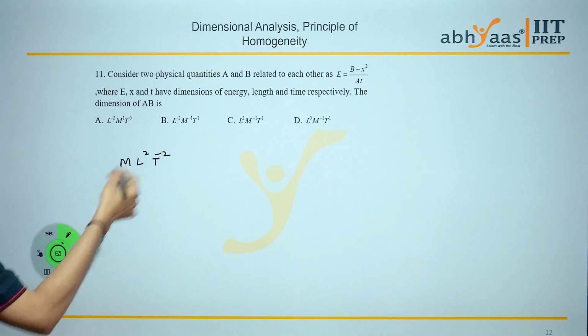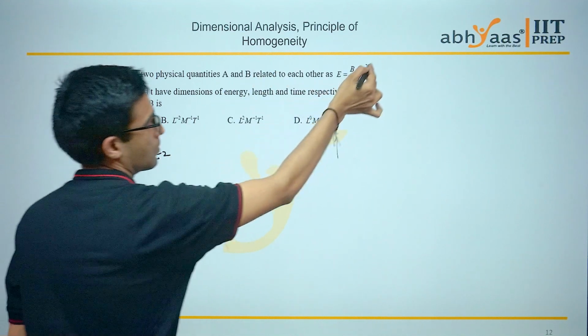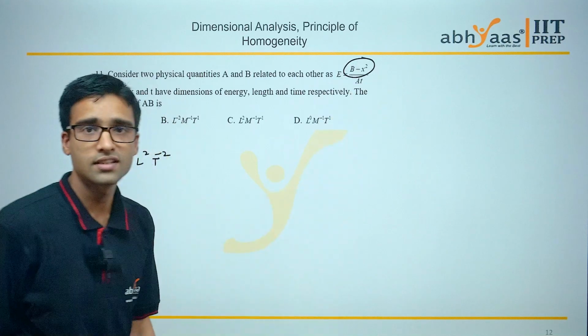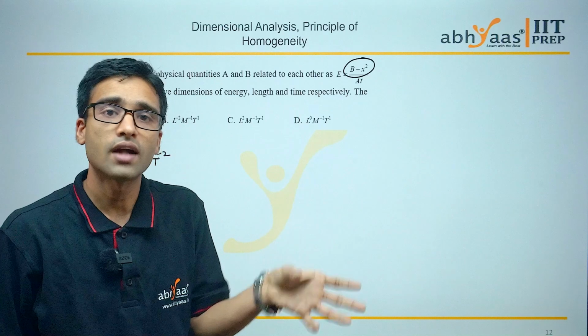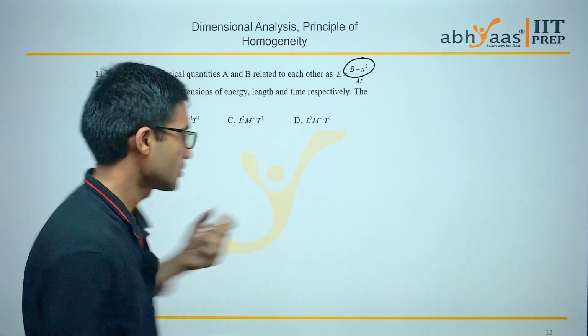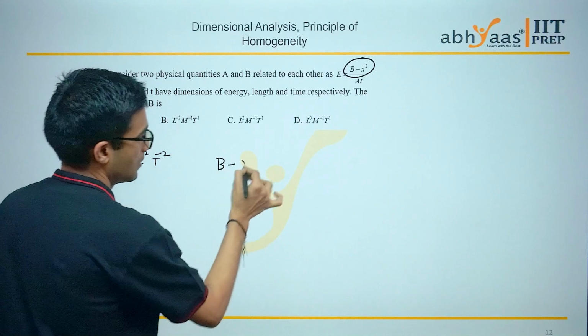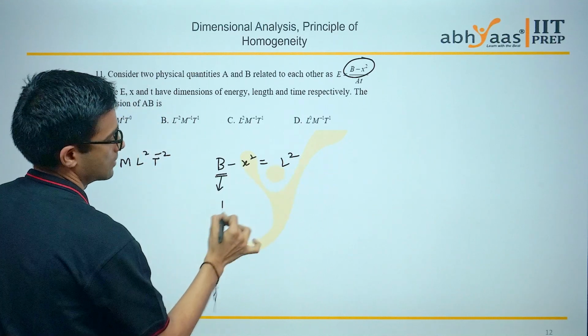You should get this one by solving the RHS. So here if you observe b minus x square, x square is the length square. We can subtract length square only from length square. So that means b minus x square is length square. So b should also be length square.